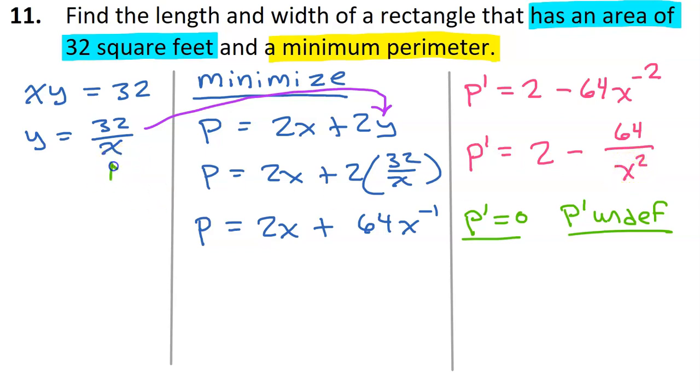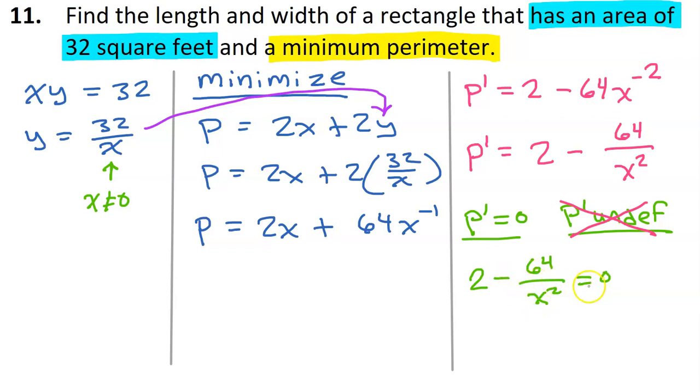But looking back here, x cannot equal 0. That would make y undefined. So we don't have to worry about where p prime is undefined. We just need to set p prime equal to 0. So let's set 2 minus 64 over x squared equal to 0.